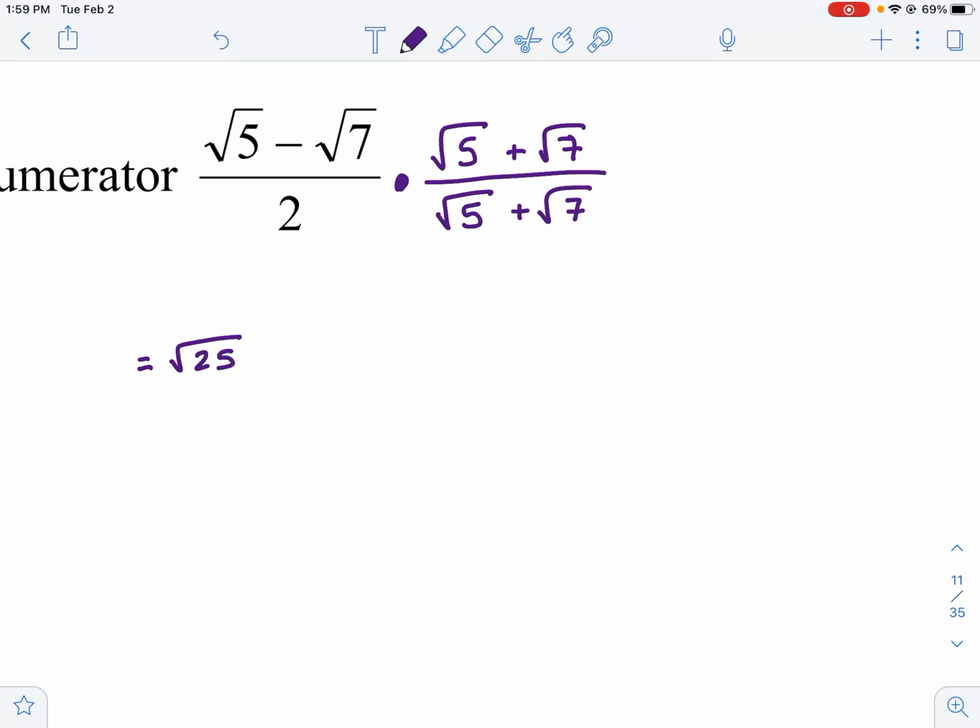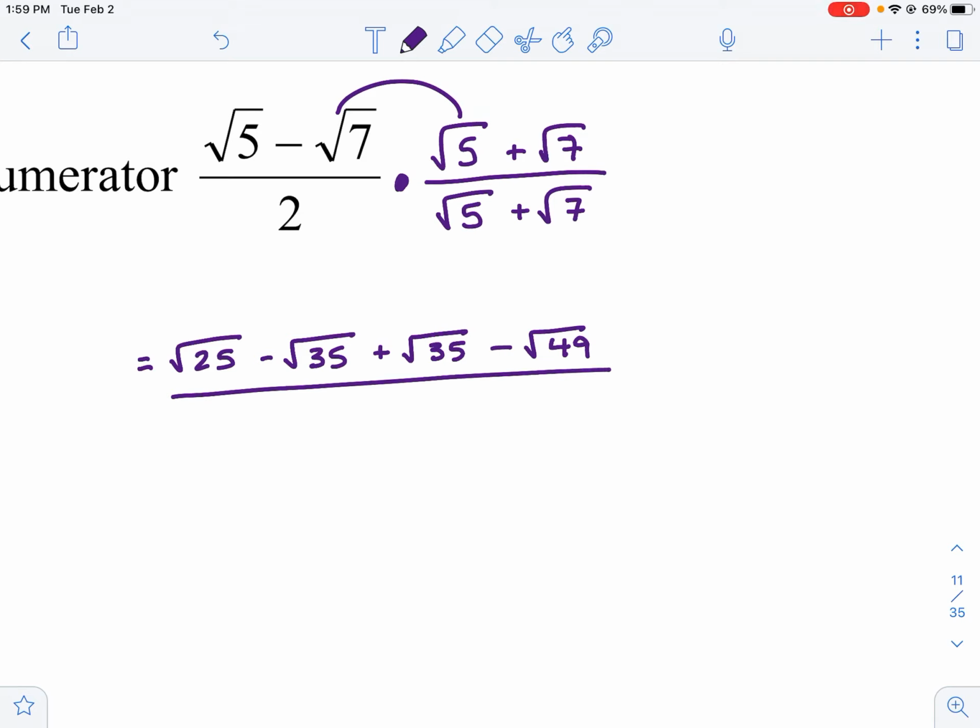We'll write this out. My inside terms are negative root 35. My outside terms, I know I did that backwards, is positive root 35. And my last two terms are negative square root of 49. The denominator is 2 times the quantity square root of 5 plus the square root of 7.